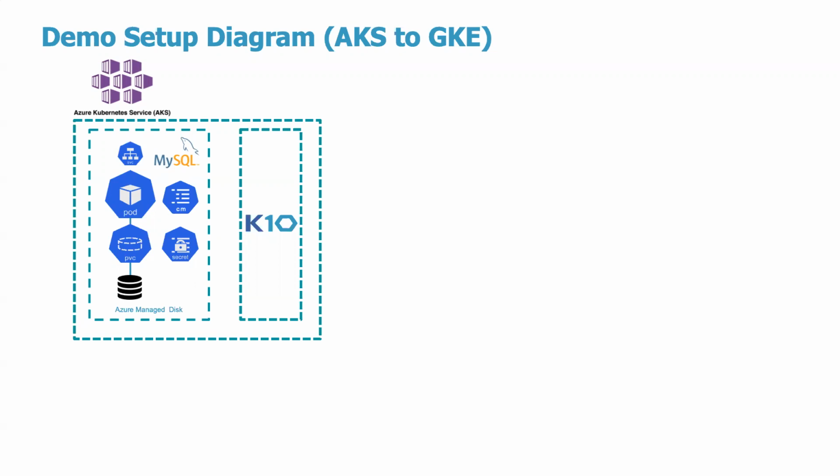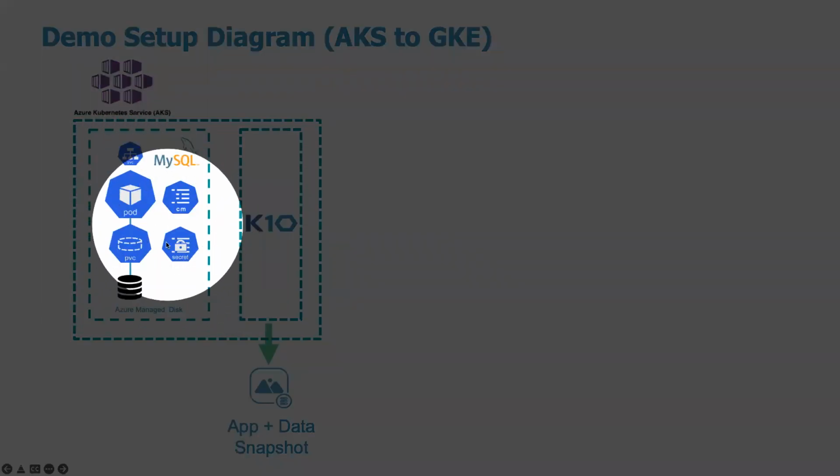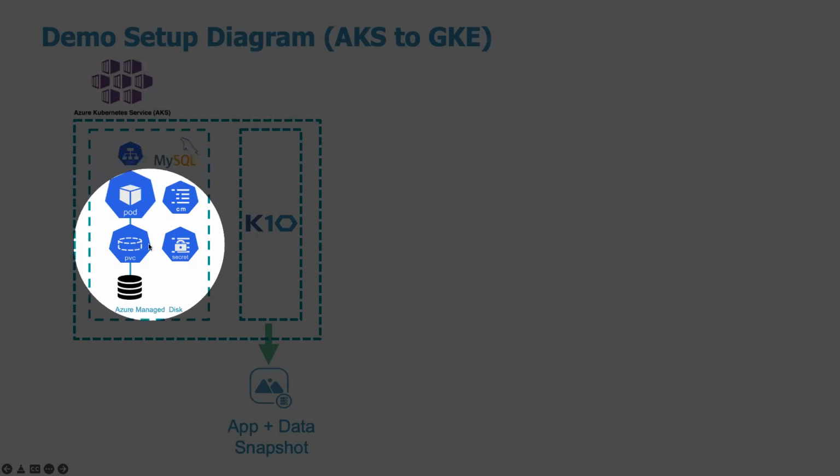So how to run the backup? I will do a snapshot of your whole application. When we do a snapshot of your application containers, we are not only capturing your application components, we are also capturing your Kubernetes configurations: your pod, config map, secret, service account, role binding, etc., plus the persistent volume claim snapshot.